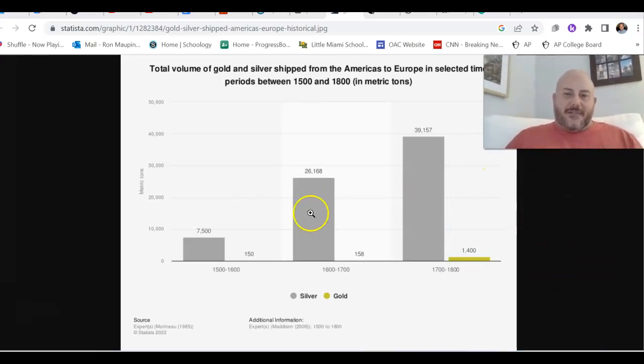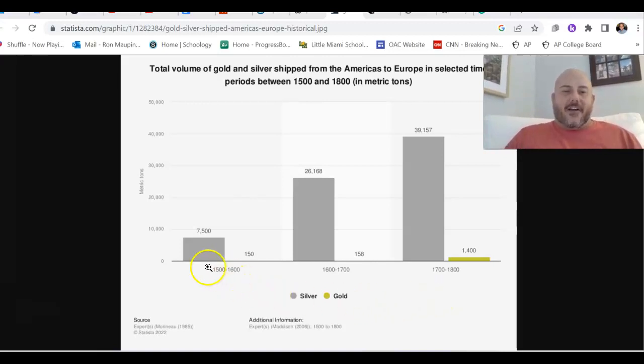Take a look at this graph right here. This is basically going to be showing the total volume of gold and silver that are going to be shipped from the Americas to Europe over a 300-year span. Now note, this is not specific to just the Spanish, but you've got to understand, especially if you're looking from the 16th century into the 17th century, the lion's share of this is Spanish, way more than anybody else.